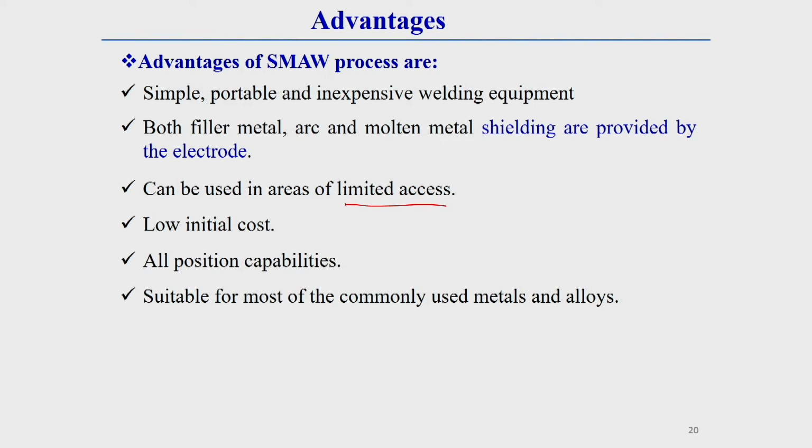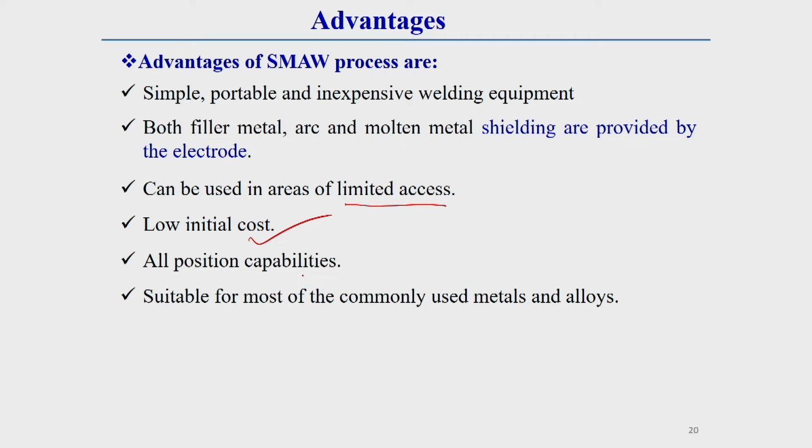That means where a small space or limited area access is there, there also you can do the welding by this welding method. So, in limited access position also you can use this welding operation. It has very low initial cost compared to other welding techniques.